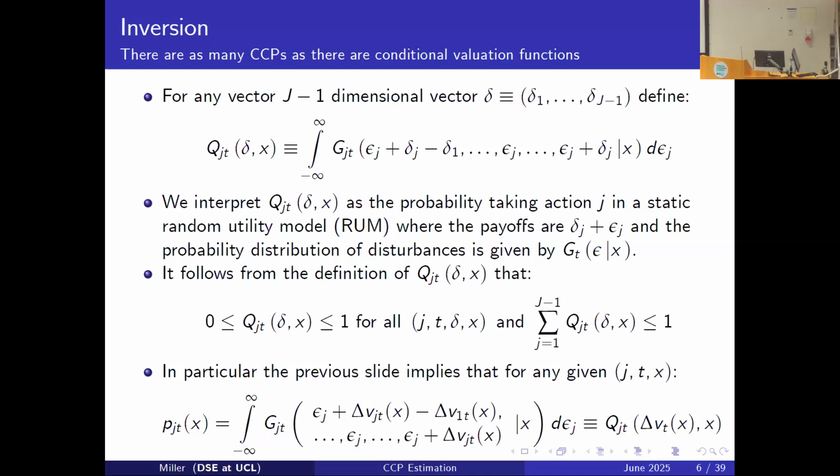And in that case, what we could do is interpret it as a random utility model, a static random utility model, okay, in which the payoffs are just delta J plus epsilon J, okay? And then we're asking, well, what is the probability that a person makes the Jth choice in this static model?